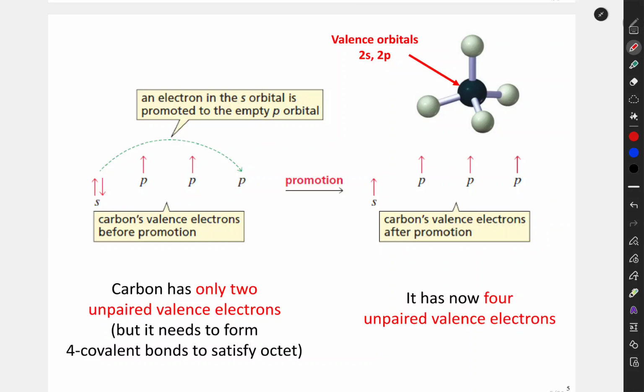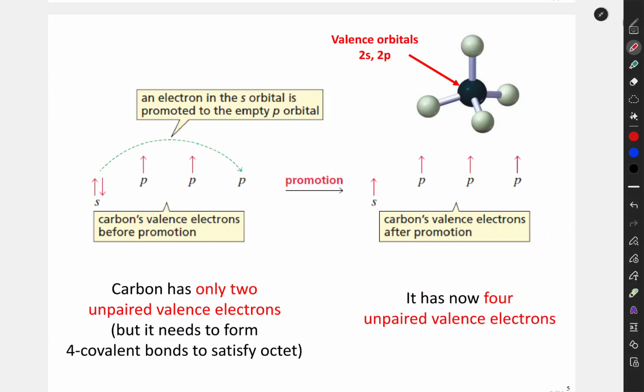If you think about carbon in the periodic table, carbon has only 2 unpaired valence electrons. But in all cases, for organic molecules, carbon has to have 4 covalent bonds, right? So we need the promotion. With this promotion, you can have 4 unpaired valence electrons, and then you can hybridize.